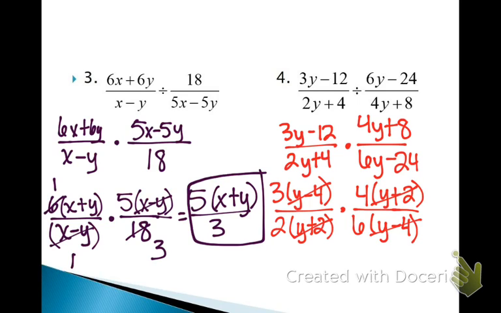So I think in this case, since we're done with all of those parentheses, it might be easier to just go ahead and multiply. So we multiply straight across the top. 3 times 4 is 12. 2 times 6 is 12. So our answer is 1. Big ol' 1.